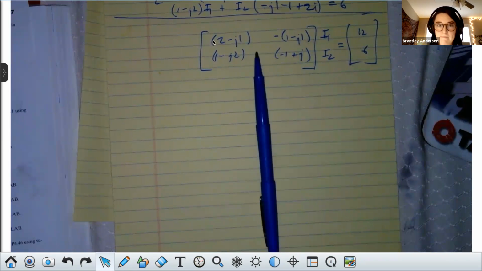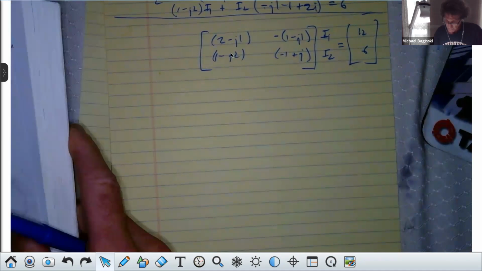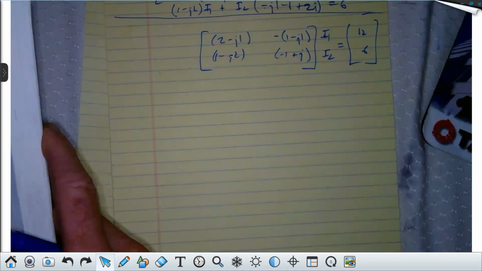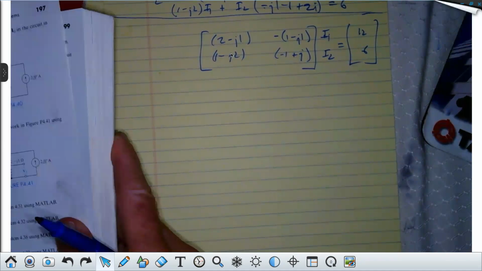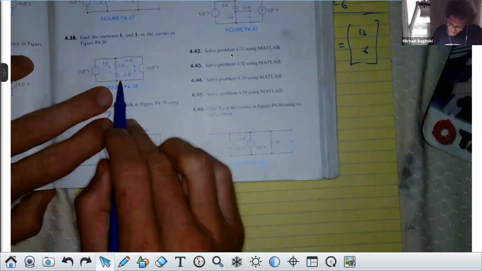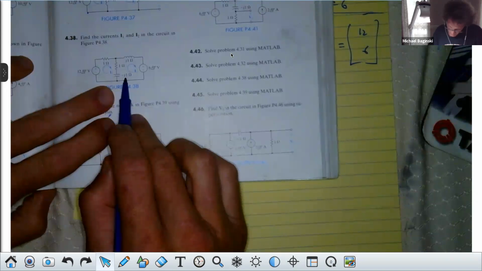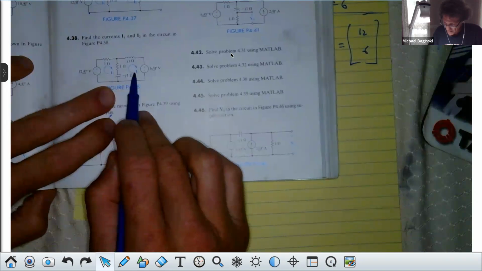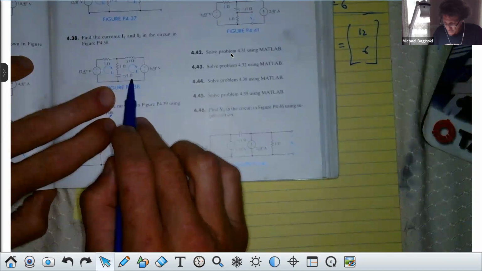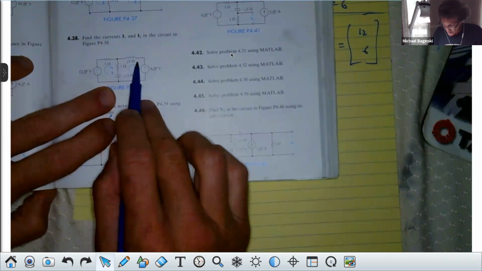Here? Mm-hmm. All right, let me take a look at this. For the second one right here, it's going to be minus the quantity 1 minus J, right, times I2 minus I1. And then it's going to be minus J1 right here times I2, right?